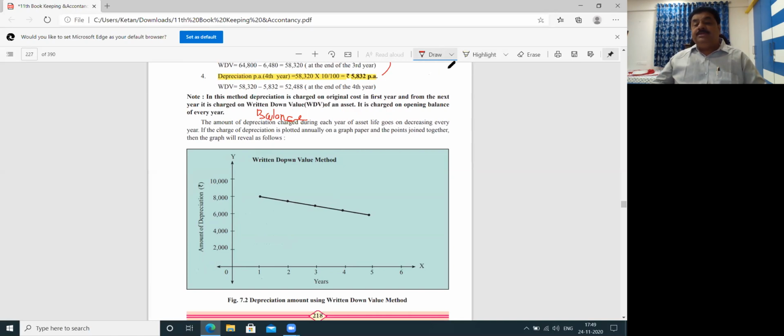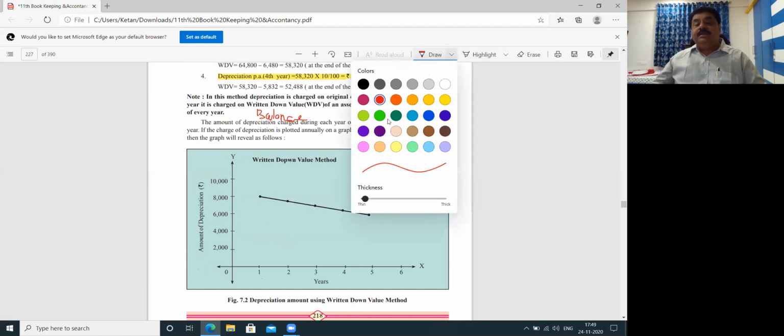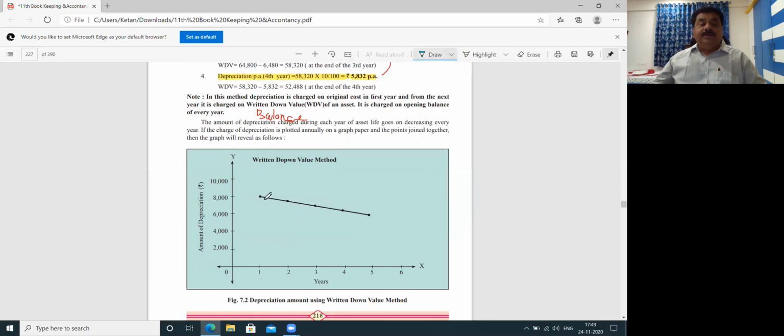The depreciation is by and large changing. First year it is 8,000. Second year it is becoming 7,200. Third year it is becoming 6,480. Then 5,832 will come in the fourth year. So in this way it is reducing.